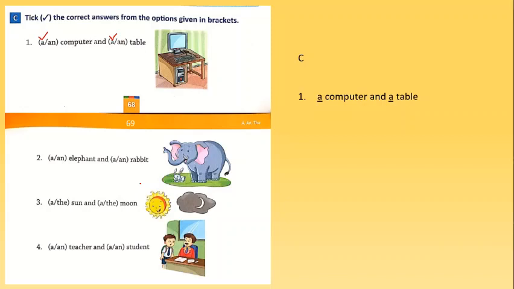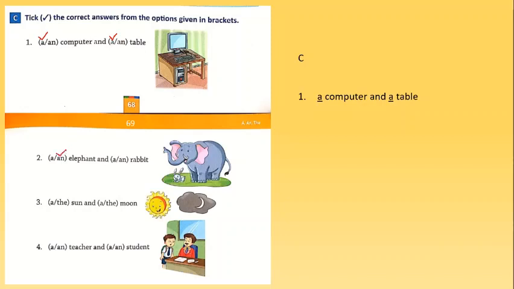Number 2. On page 69, the second one is, we see 2 animals, elephant and rabbit. Now, in the first bracket, a or an, is it a elephant or an elephant? Elephant starts with letter E. E is a vowel, so an elephant.